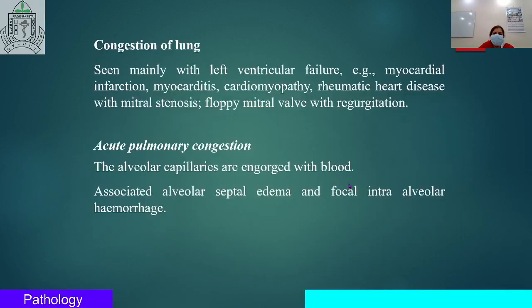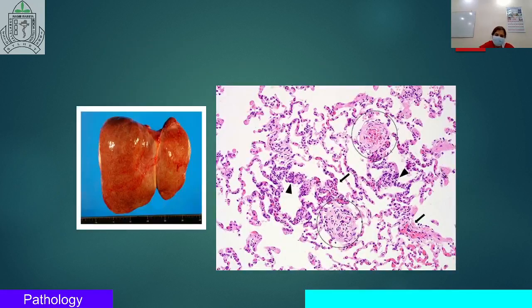So it is clear that in the lung, if congestion develops and it is acute, there are 2 points. One is that the alveolar septa become edematous, and there is hemorrhage in the alveolar space, or intra-alveolar hemorrhage. The figure is like that.